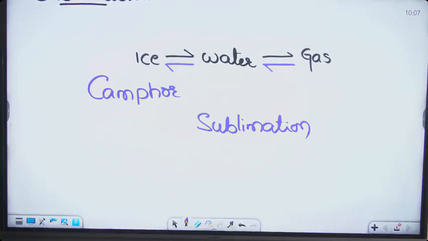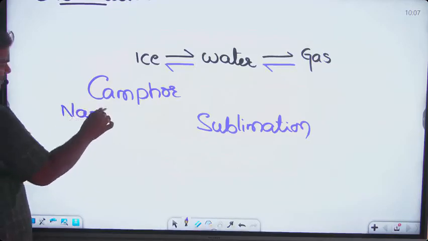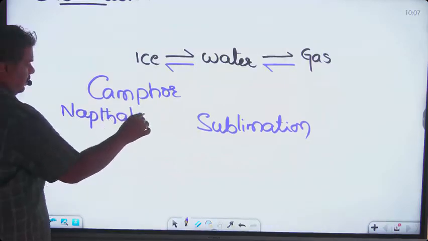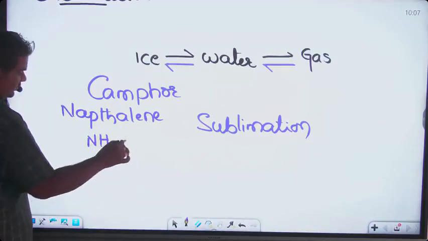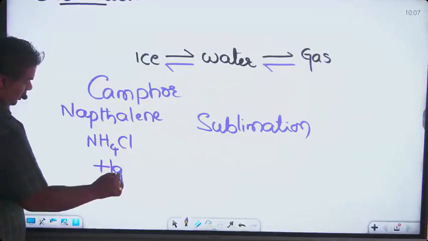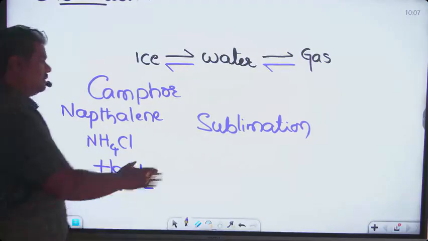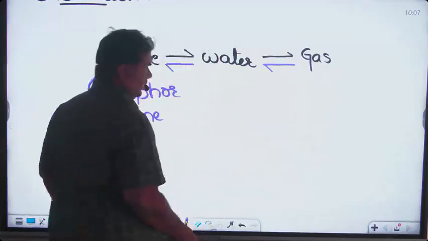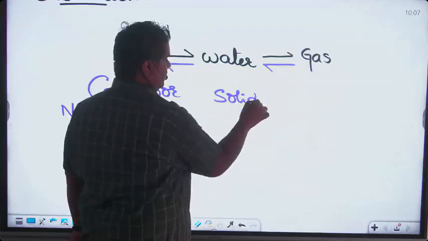So, dambar golil kavachu, or else in simple terms, you're calling it naphthalene balls. Now, these substances: camphor, naphthalene, ammonium chloride, NH4Cl, mercury chloride, HgCl2, and apart from this, as in one of the previous questions, solid carbon dioxide.